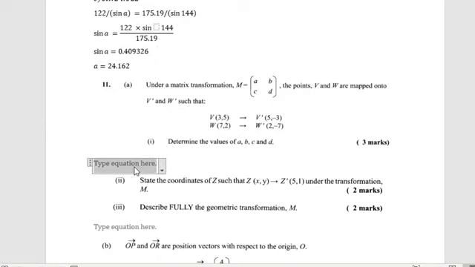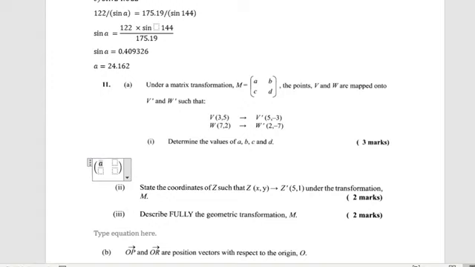So what we have is A, B, C, and D. And this is being multiplied by what we have here, which is 3 and 5 from V, and that is equal to 5, negative 3.